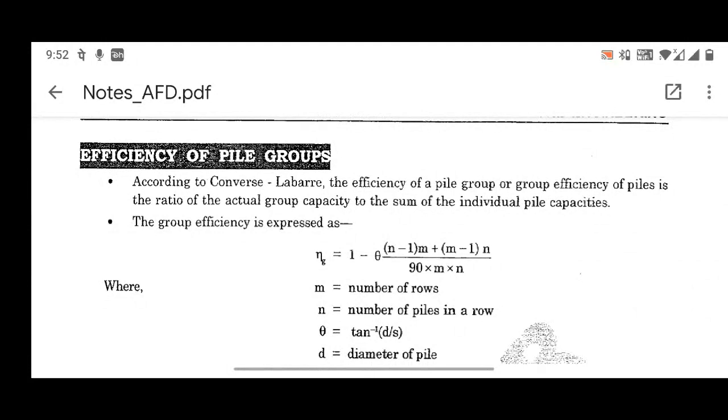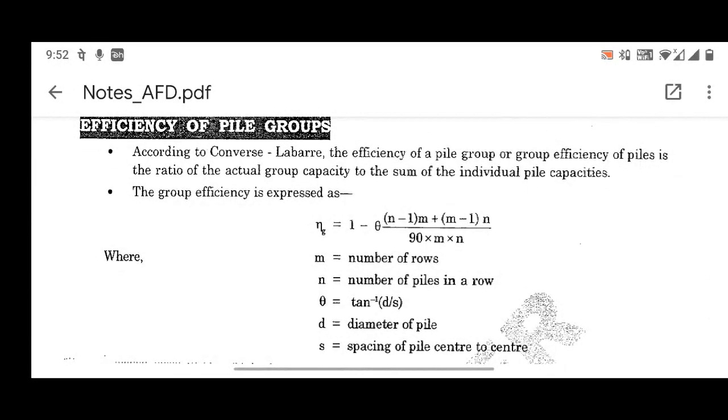Group efficiency is defined as the ultimate load capacity of a group of piles divided by the summation of the ultimate loads of the individual piles in the group.